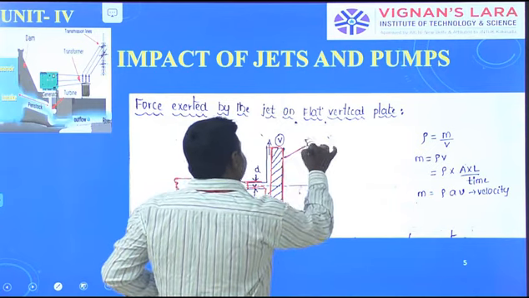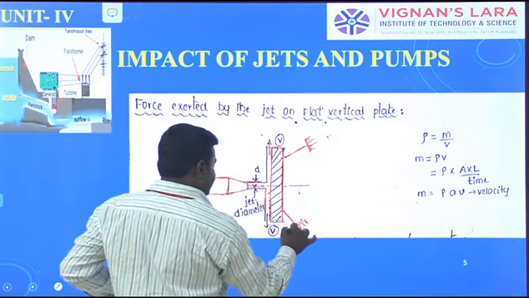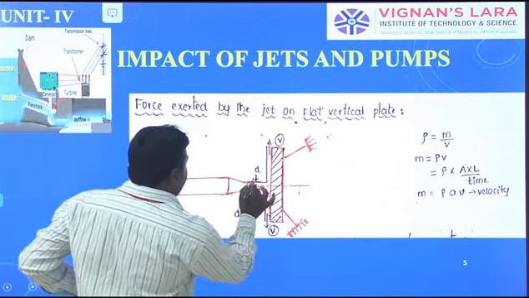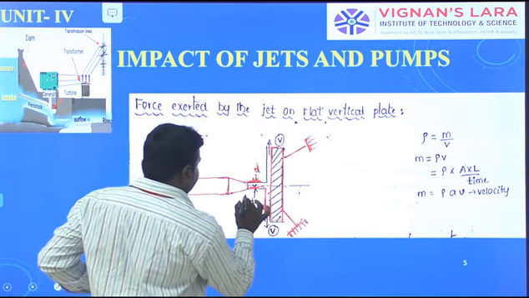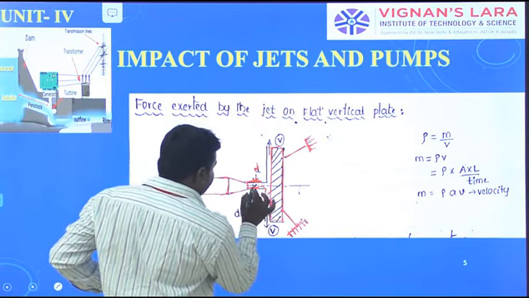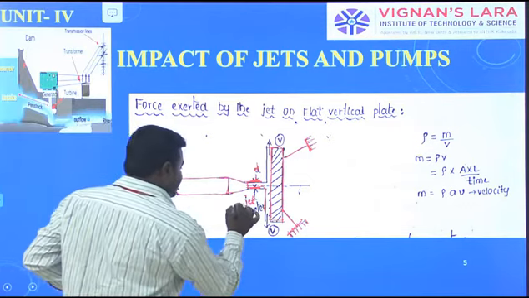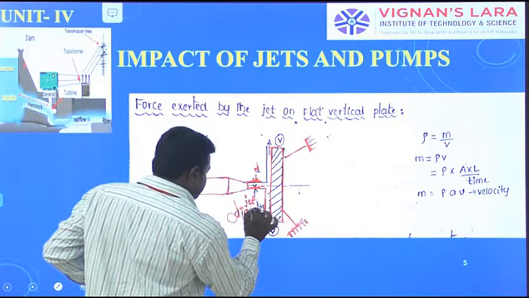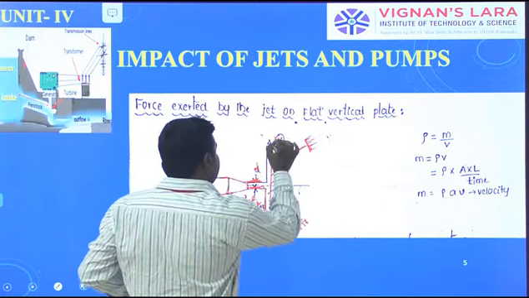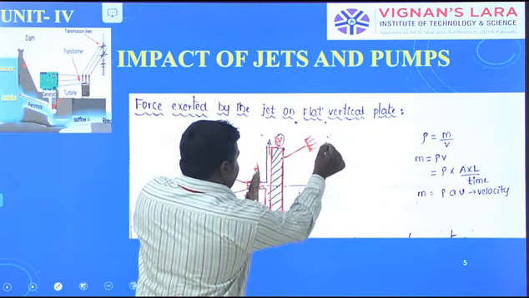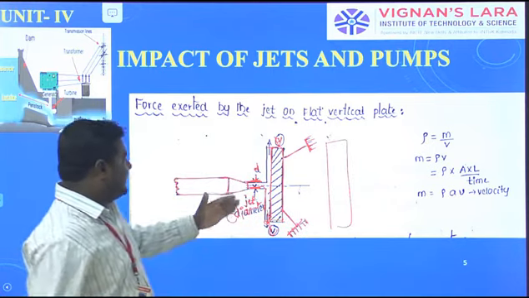The diameter of the pipe is D, the jet diameter. This is the vertical plate.